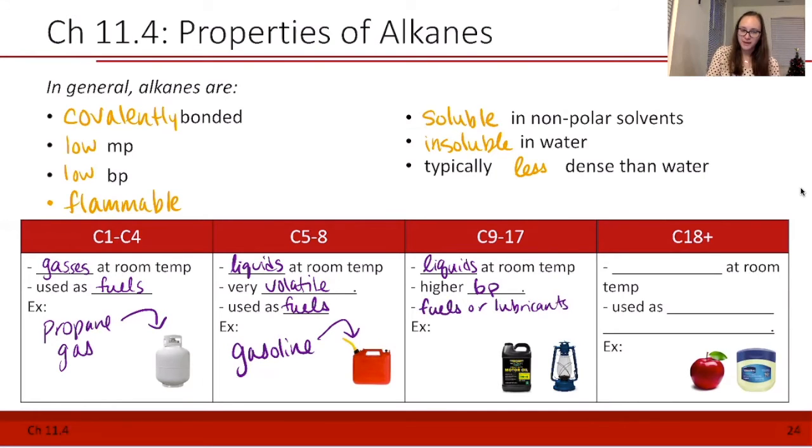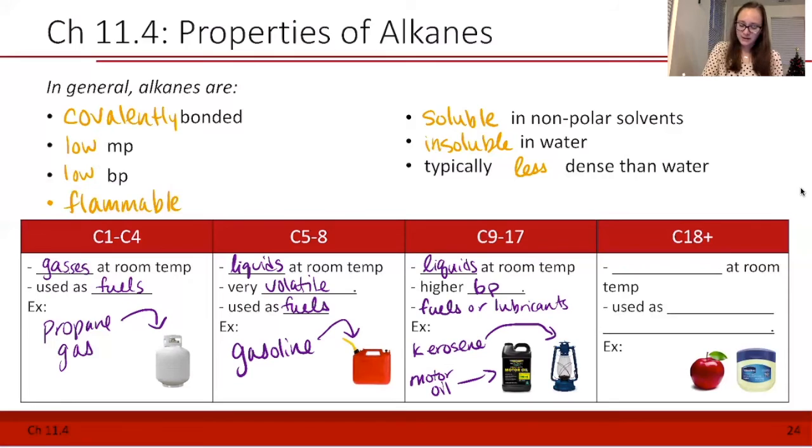So for example, we have a kerosene lamp, or we also have motor oil. Both of these things are very similar in terms of their properties. They are alkanes that either burn well or help grease things up. A lot of the times, in the lab, we just refer to them as grease.